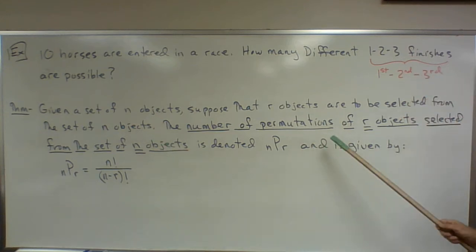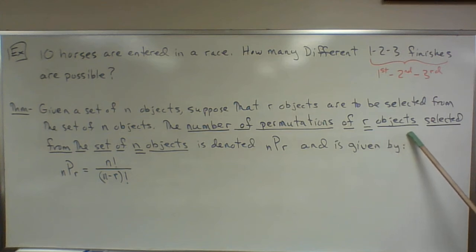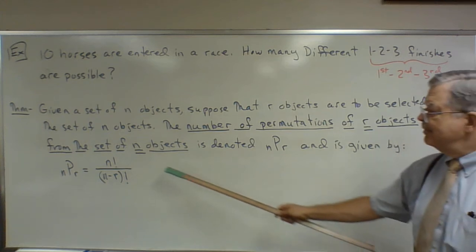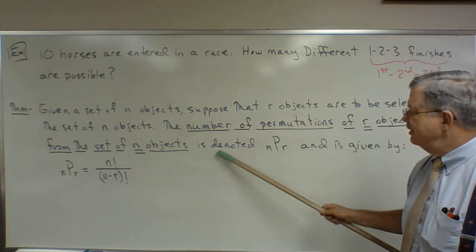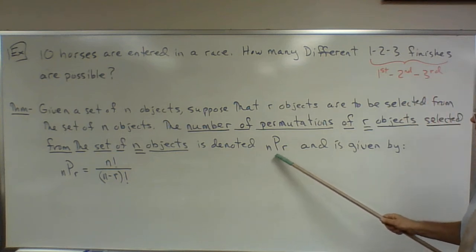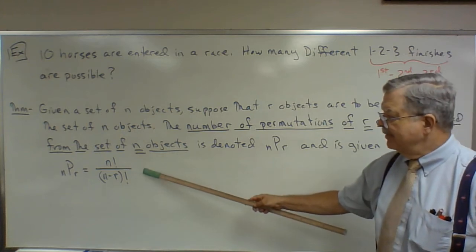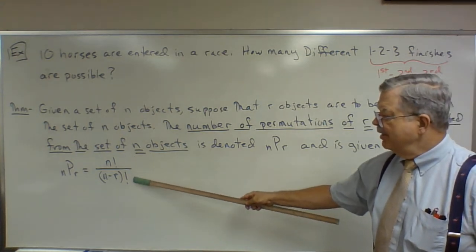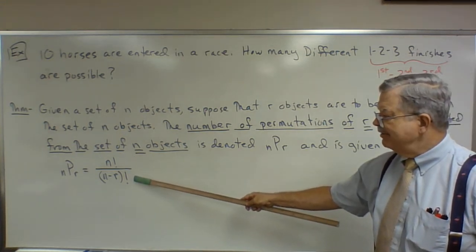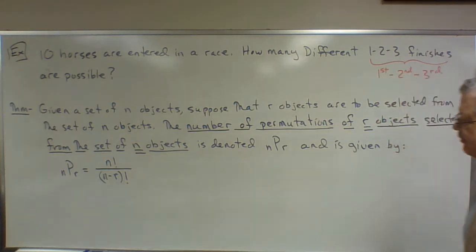The number of permutations of r objects selected from the set of n objects is denoted nPr and is given by this formula, n factorial over n minus r factorial.